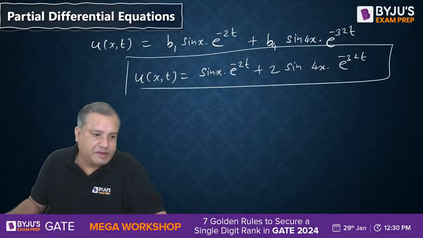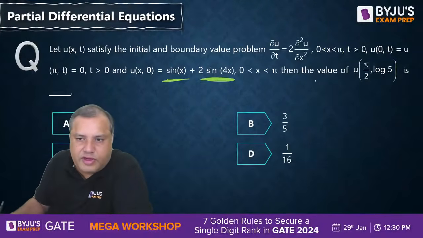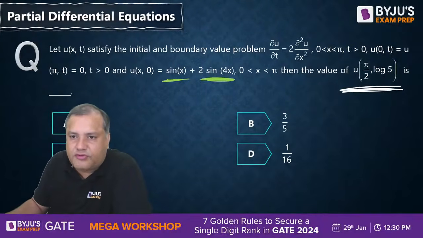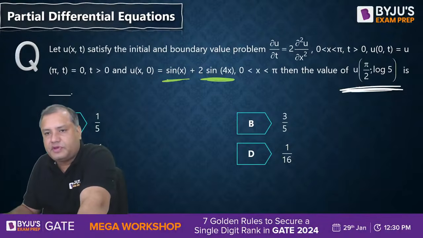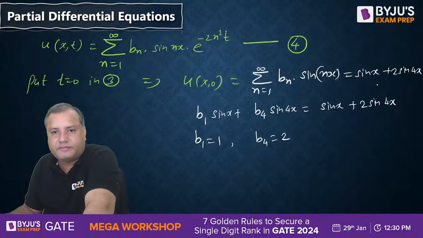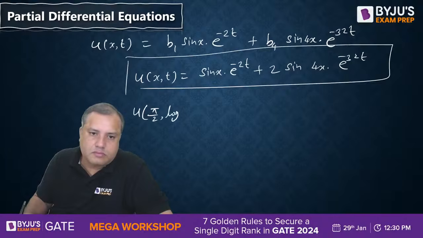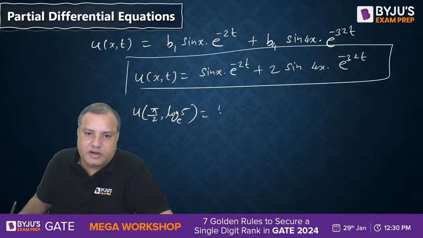Now what do you want? We want u of pi by 2 comma log 5. It means x is pi by 2 and t is log 5. So sine pi by 2 is 1, e to the power minus 2 log 5.